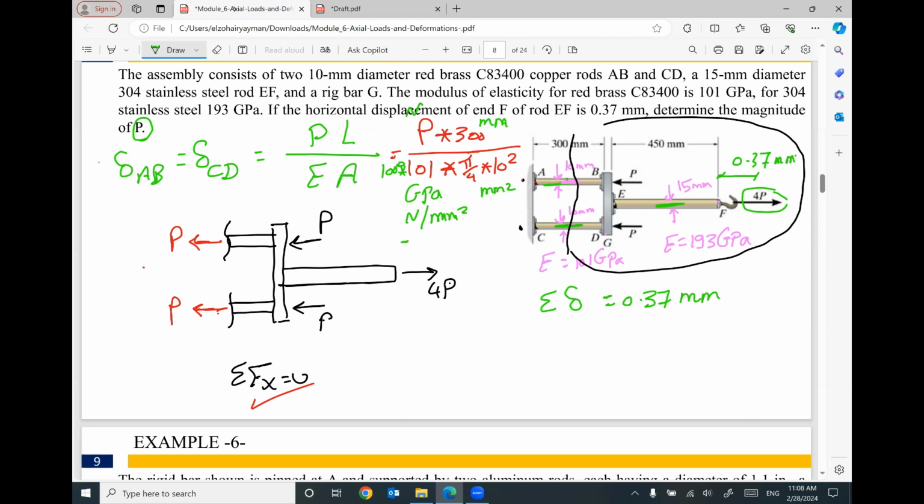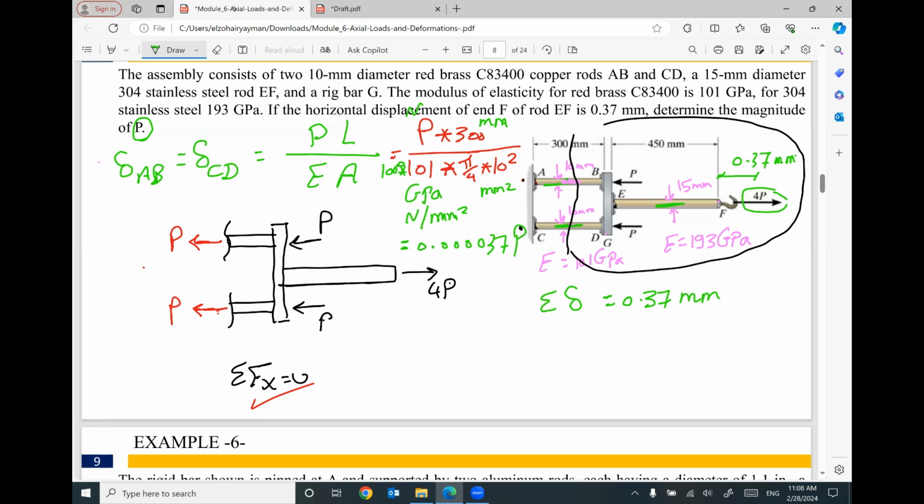So the elongation in part AB will equal 0.00037P.